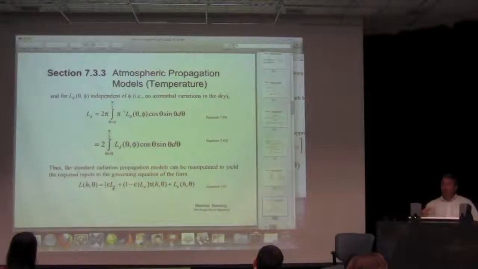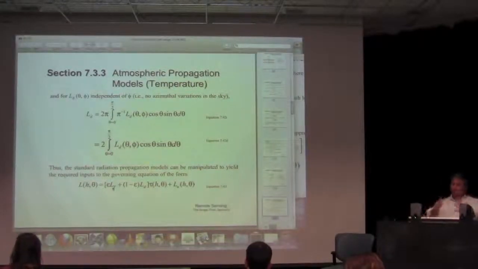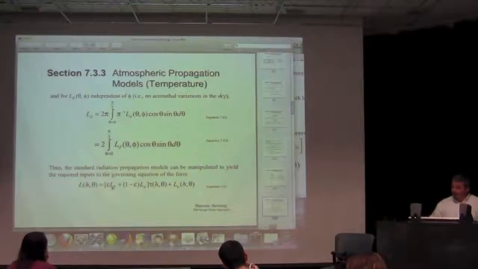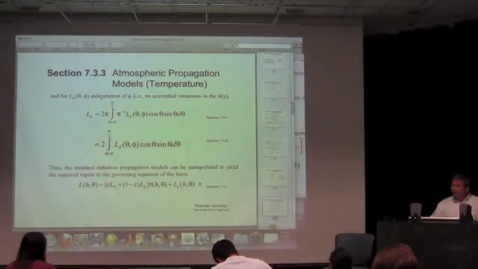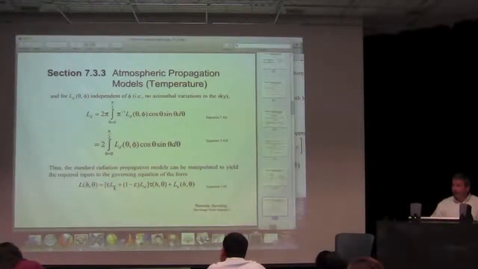Right? So the idea of the remote sensing exercise that we're doing here is if we have a sensor and we're looking at the ground, we want to know the temperature of an object. Since this is our only unknown, we measure this, and we figure everything else out from Modtran or measurements. Now you can invert this equation, solve for LT, and as long as you know all the other terms, that LT is going to really represent the radiance due to a black body at a particular temperature.